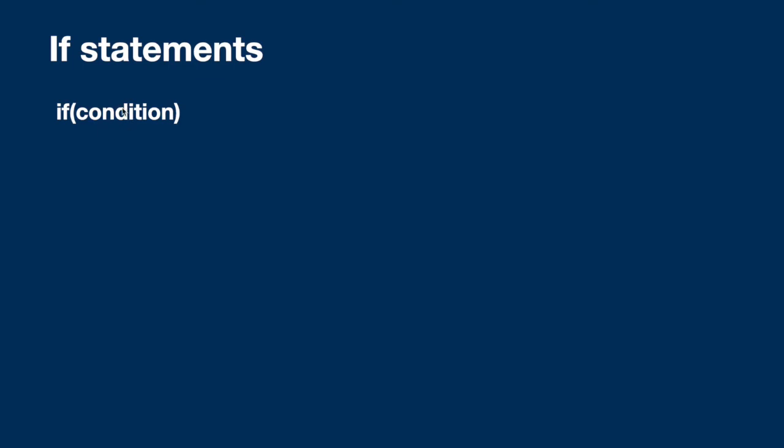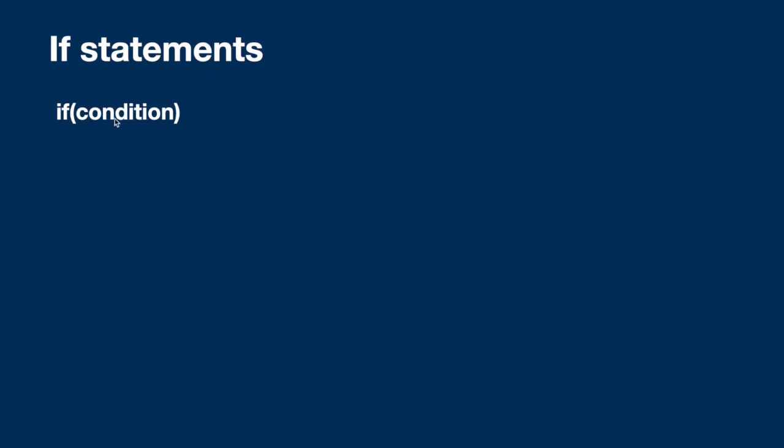A condition is a statement or an expression with a Boolean outcome. So it could be a Boolean variable, it could be a relational statement. We have discussed the relational statement in our previous lecture, or it could be a logical statement. So for example, 5 greater than 7 is a condition with a Boolean outcome.